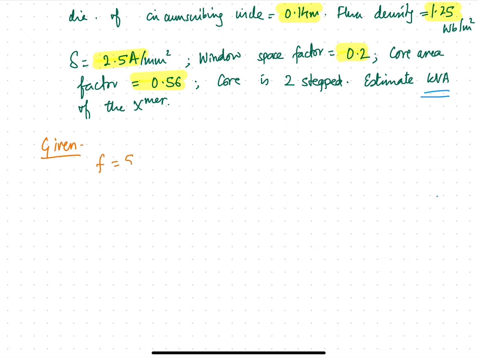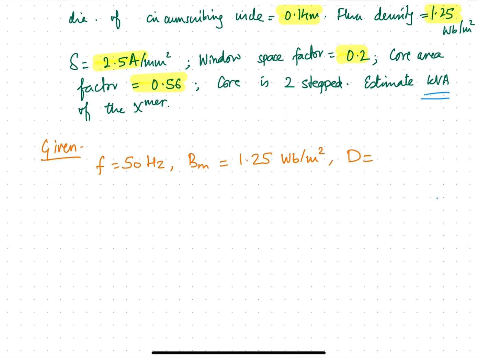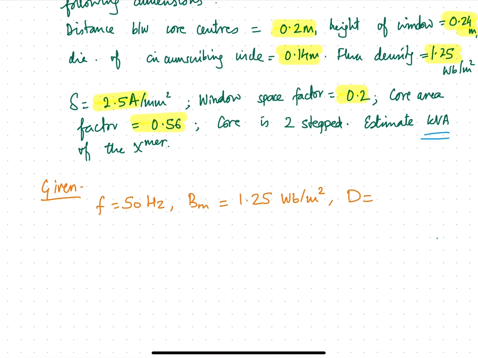f is given to be 50 hertz. The flux density is 1.25 Weber per meter square. The spacing between the core centers is 0.2 meters. Current density is 2.5 ampere per mm square.